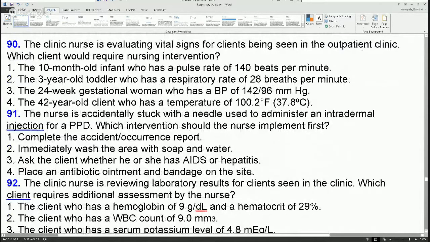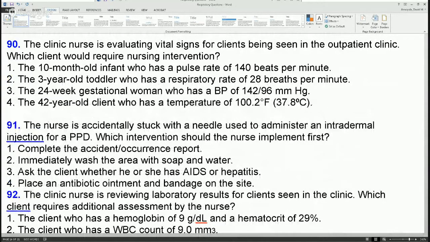Robert, the clinic nurse is evaluating vitals for a client being seen in the outpatient clinic. Which client would require nursing intervention?